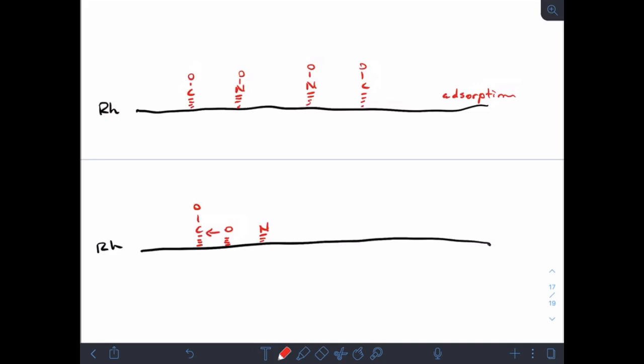So things are breaking apart, staying adsorbed, and moving towards each other. Okay, so this is the diffusion. Things are actually moving along the surface.